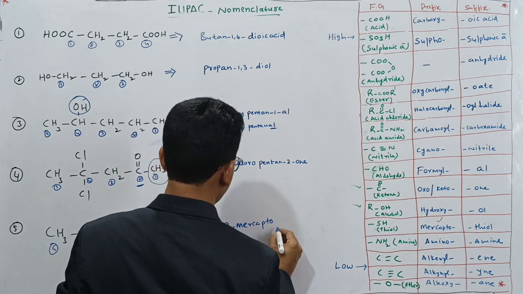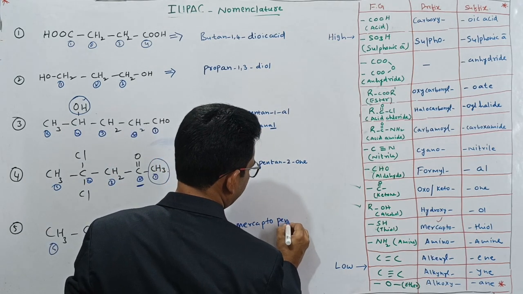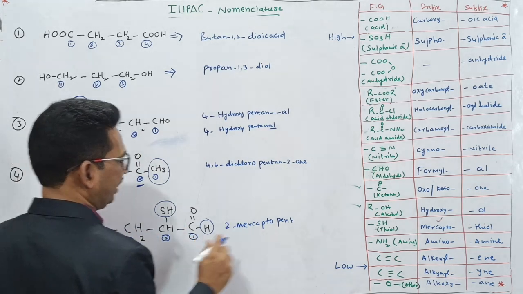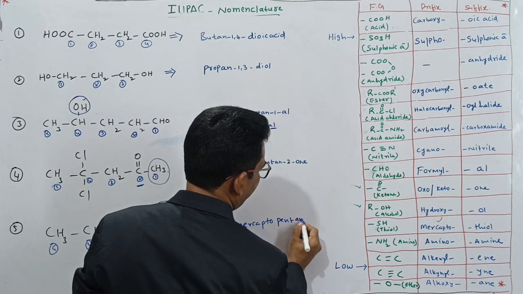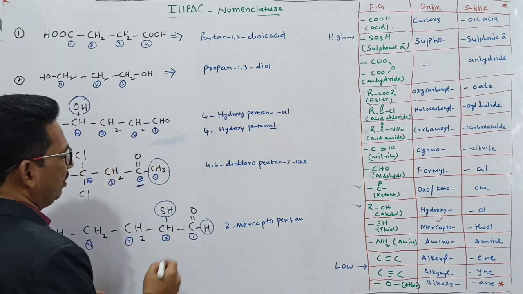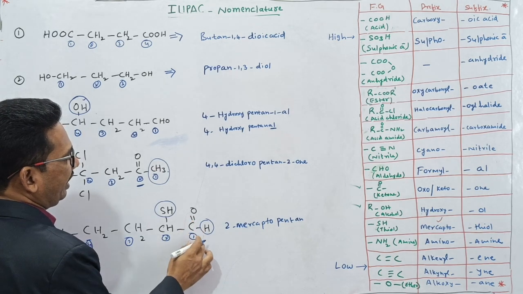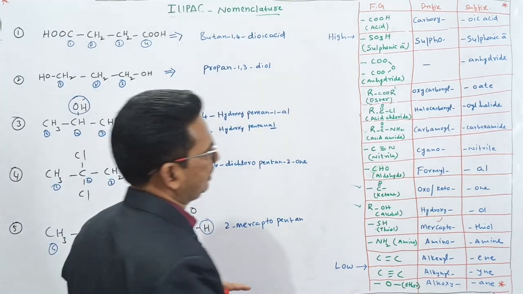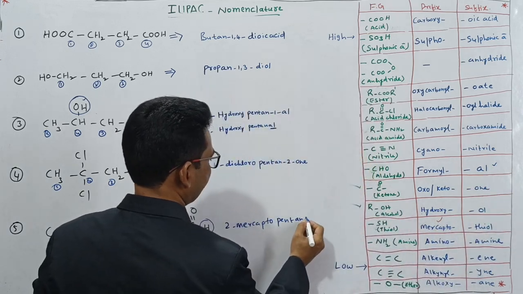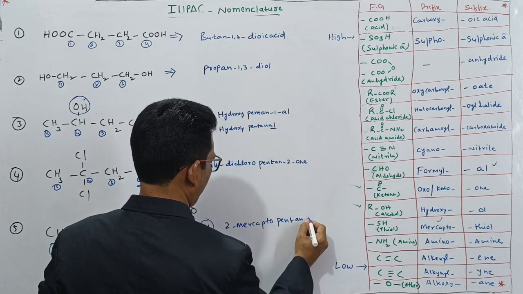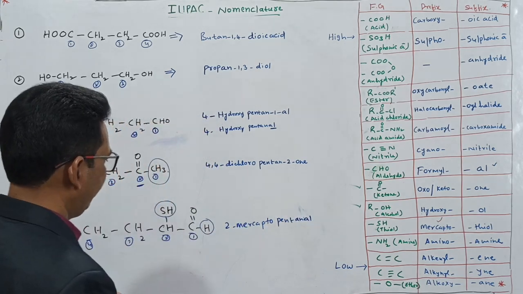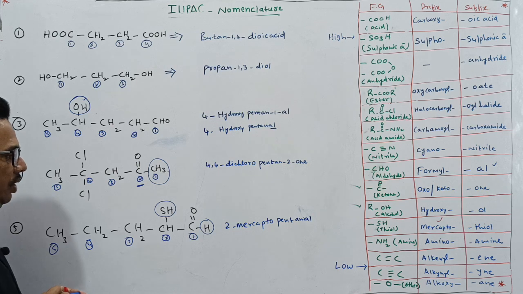Pent. Between carbon and carbon, single bonds are there. That's why we write N. Pentane minus E plus al. For the aldehyde, we write al. So, 2-mercaptopentanal.